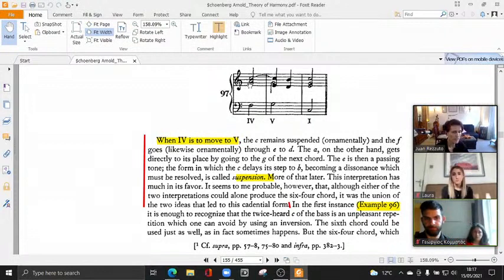So A is not suspended in any way, and it goes straightforwardly to G.